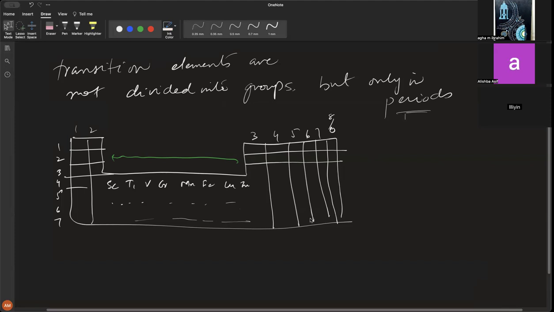The valencies keep on changing. They do not have a fixed charge on them. You understand this point?